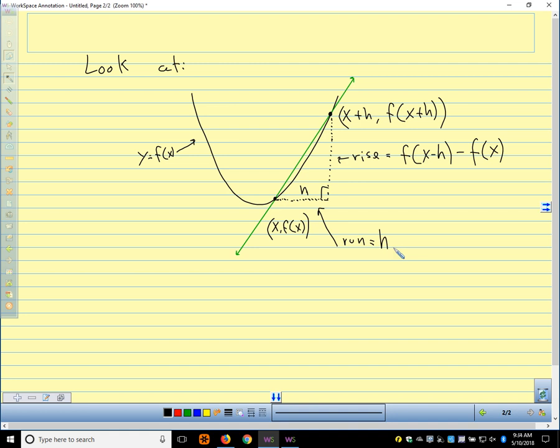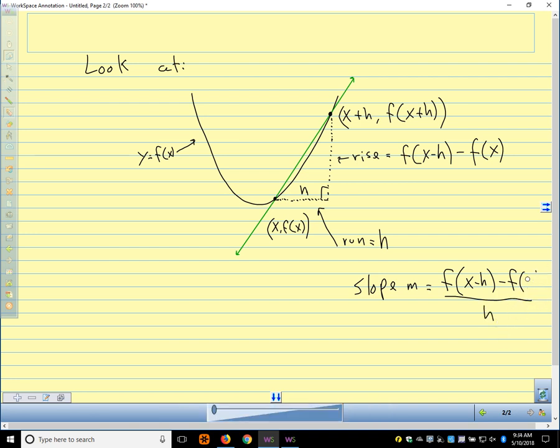So the slope m is the rise, f of x minus h minus f of x over h. So that gives us the rise over the run for that secant line.